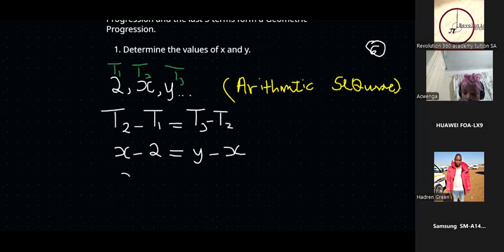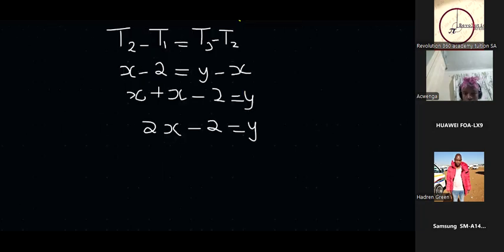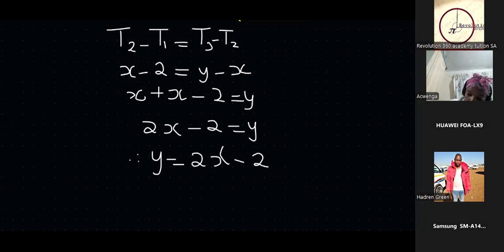Then moving that negative to the other side, x plus x minus 2 is equal to y. So 2x minus 2 is equal to y. Therefore, y is equal to 2x minus 2. This is your equation number 1.